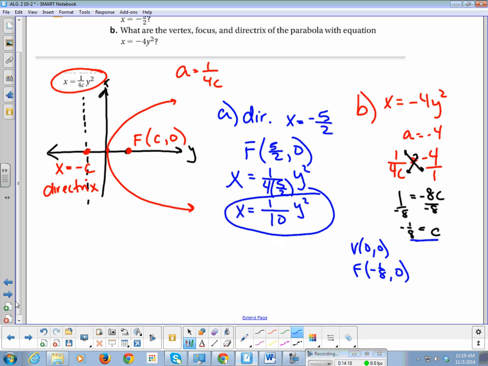And the directrix, abbreviate that DIR, is x equals negative c, so it's x equals 1/16.